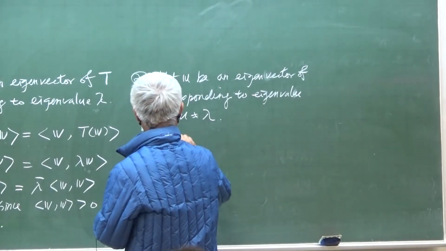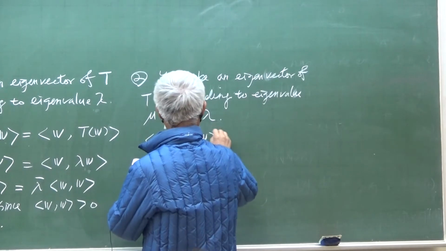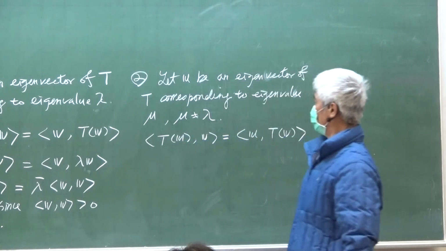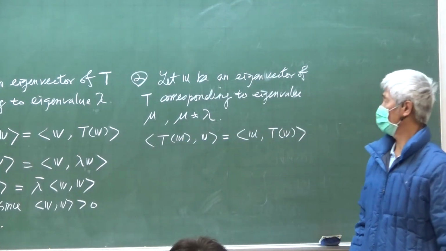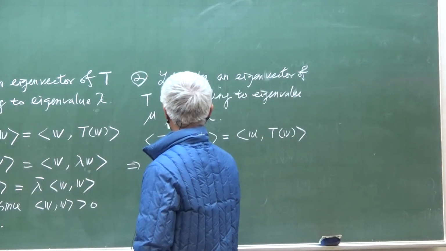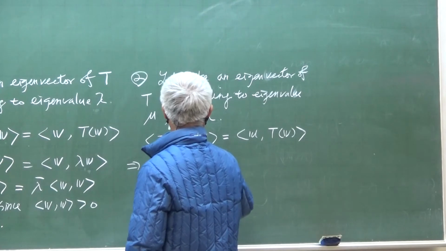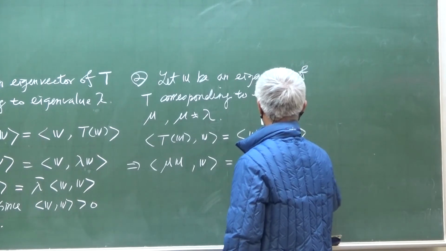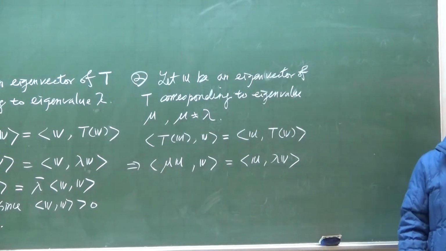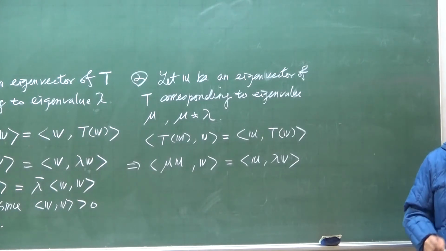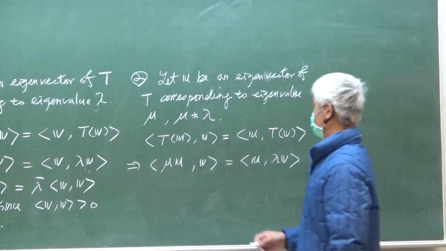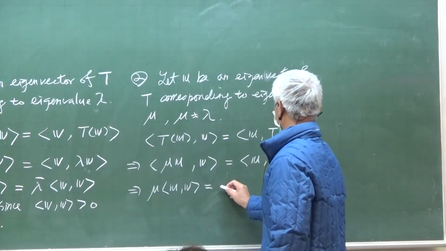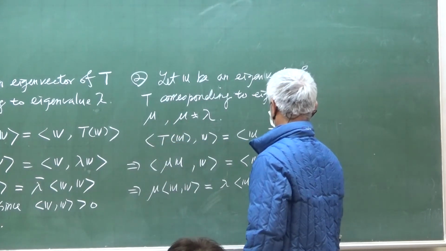Okay, and so the inner product of T(u) with v is equal to u with T(v). And this implies that this is mu u, and this is mu lambda v, and the lambda is here.